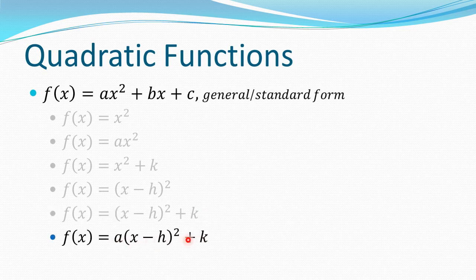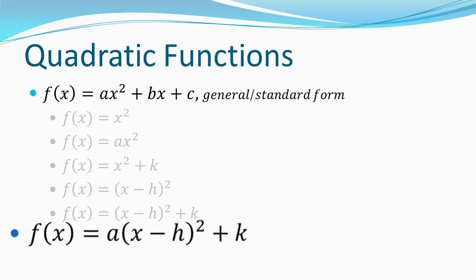And finally, this is a combination of all the possible shifting, or being a narrower or an upright or an inverted parabola. It depends on your a, your h, and your k. So we will be focusing on these forms for the next examples.